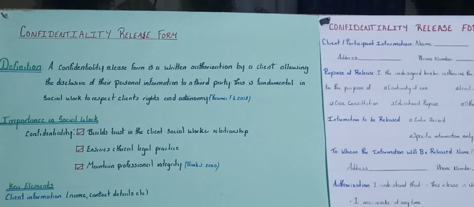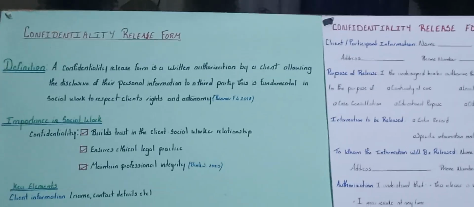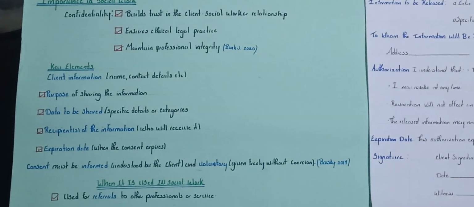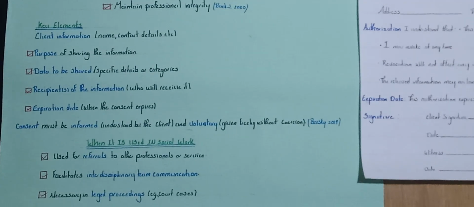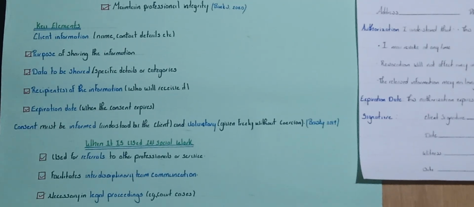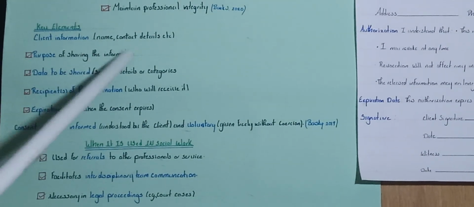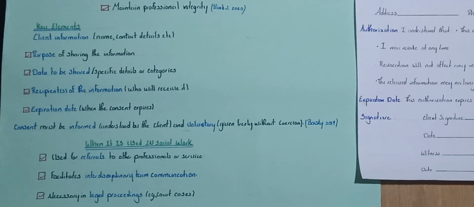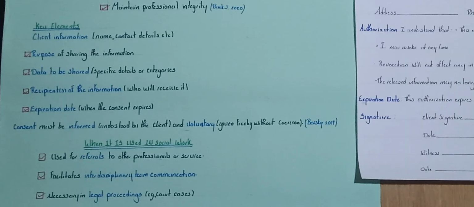Apart from that, the confidentiality form also has some key elements. Now, what are those elements? I will go through them with you. One, client's information, for example, the client name, the contact details, etc. Also, it has a purpose of sharing the information.